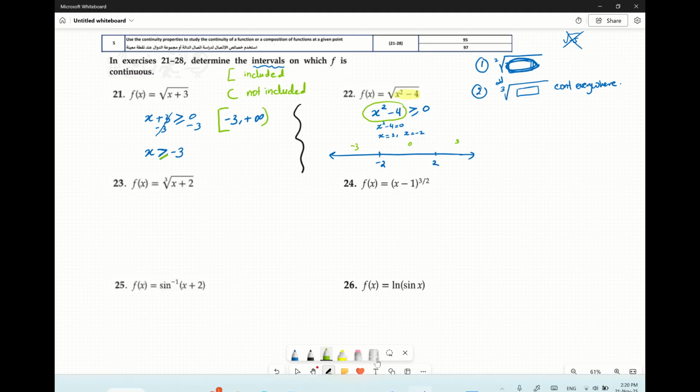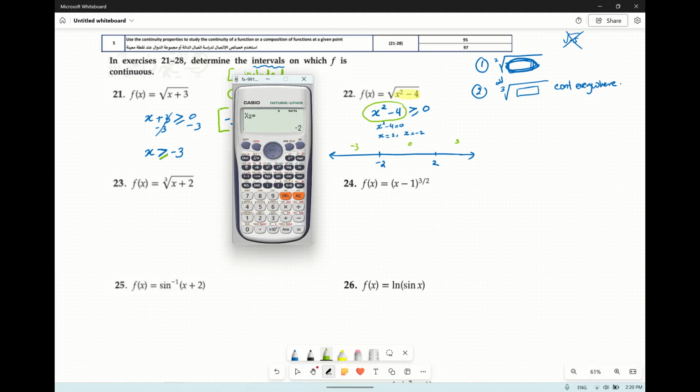So I go to my calculator. I will write the equation x squared minus 4. I will click calculate. First number is minus 3. So what did I get? A positive answer. Now again I click calculate. I put 0. What did I get? A negative answer.